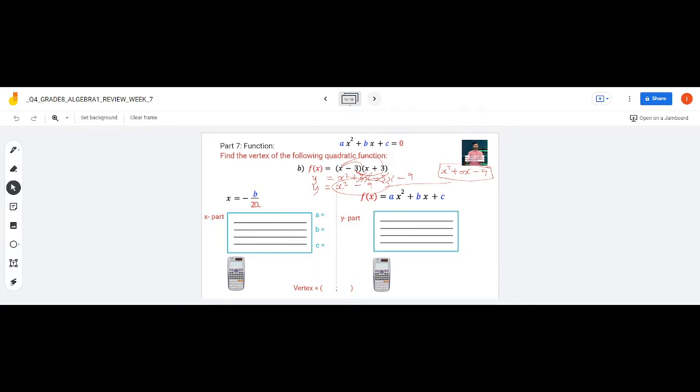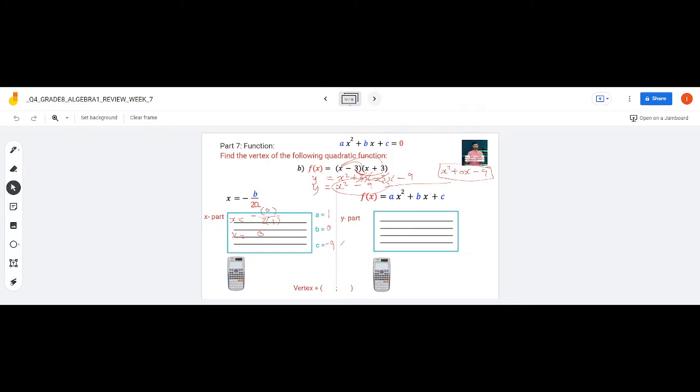So my A is 1, my B is 0, and my C is negative 9. So x is equal to negative, what's my B? My B is 0, and my A is 1. x is equal to, you can do the evaluation on your calculator just to check, 0 on the top and 2, so our answer will be 0.